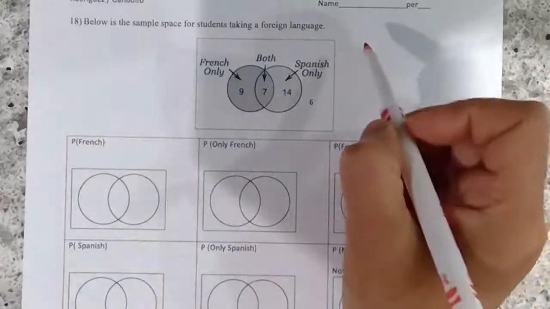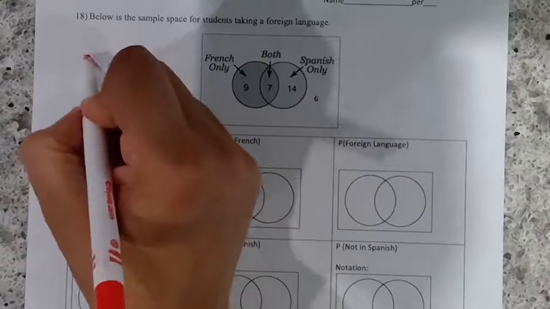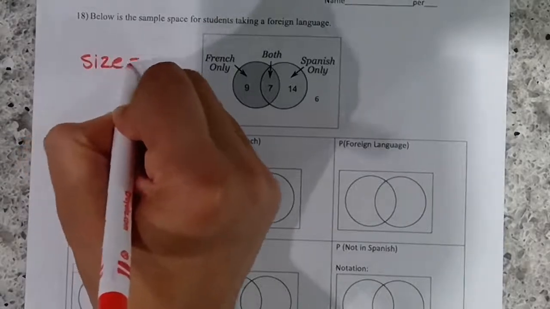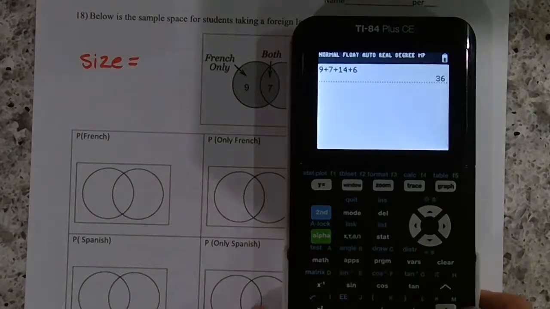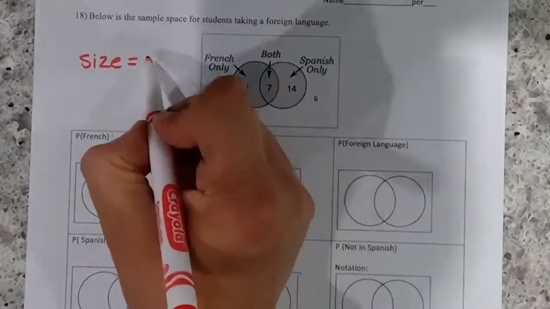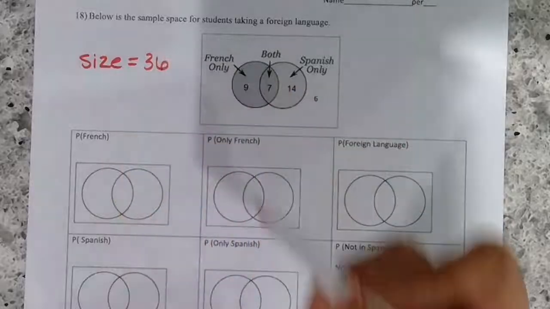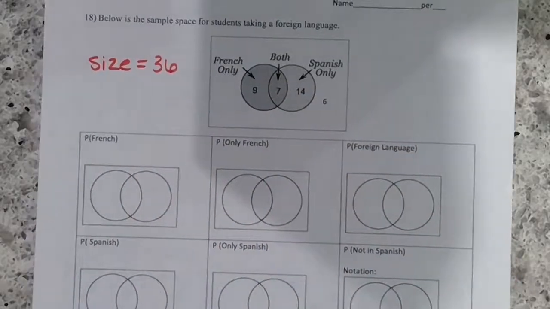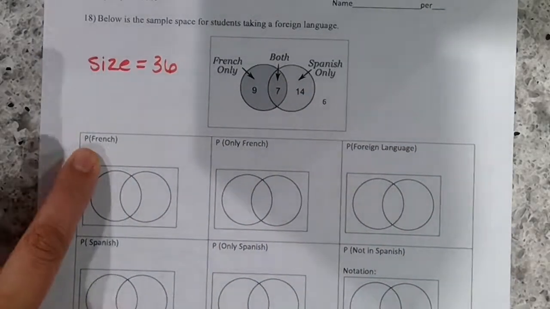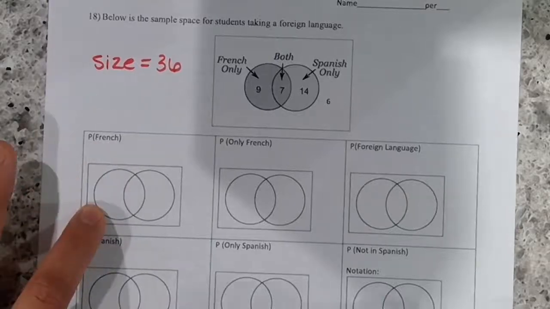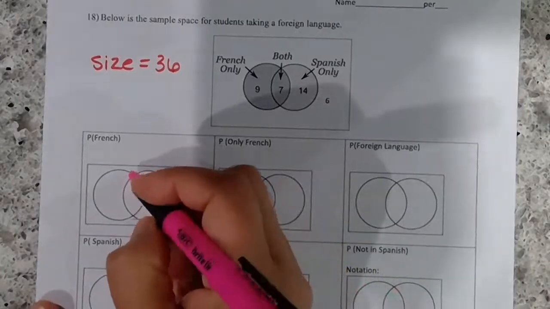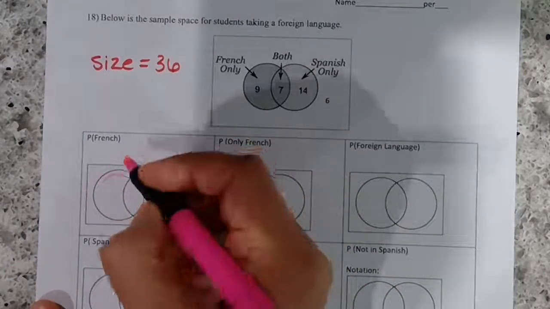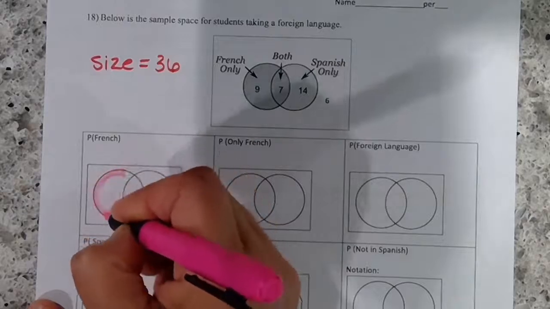The first thing you want to do is find your sample size. So your sample size is 9 plus 7 plus 14 plus 6. Then they ask, what's the probability of someone taking French? Well, the probability of someone taking French is all of this, and go ahead and do the shading as well.